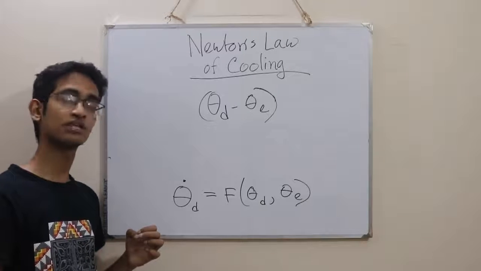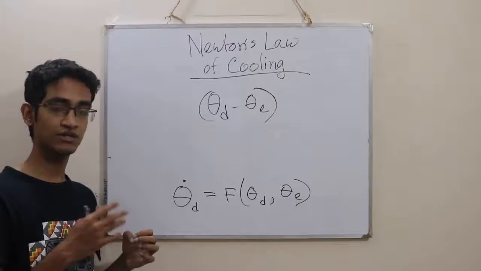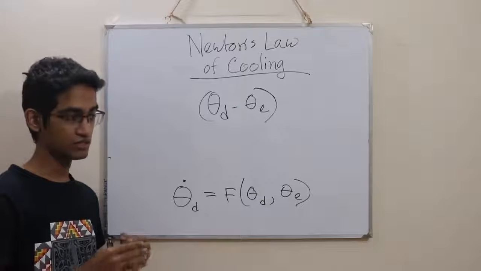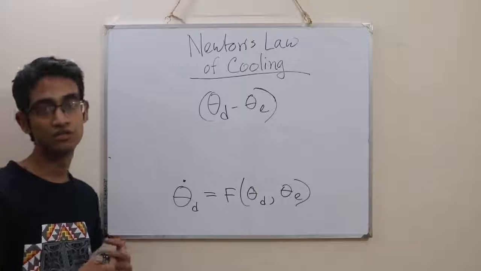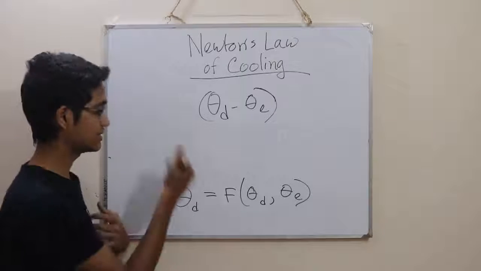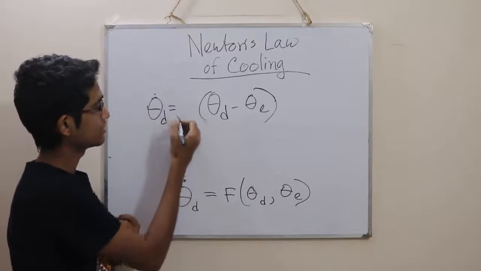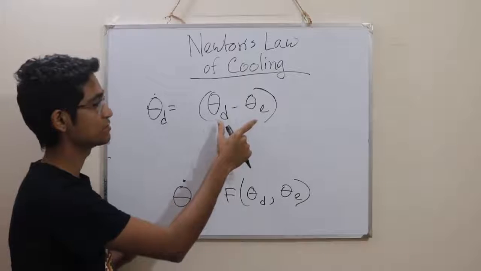Actually, in both cases the drink will slowly increase in temperature, but the rate of change will be the same, because the difference between the temperatures is the same. So we can understand that this value theta d dot is actually dependent on the distance between these two values.